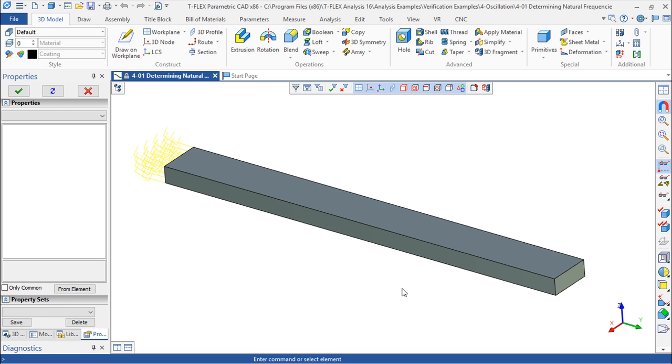This is a very common calculation and a very important one because it will analyze these vibrations under the loads, under the effects that are applied to the system.